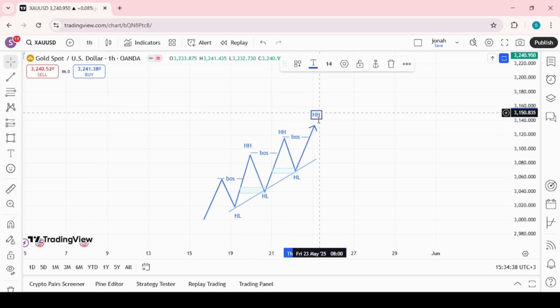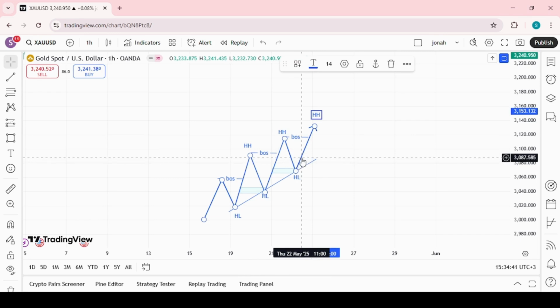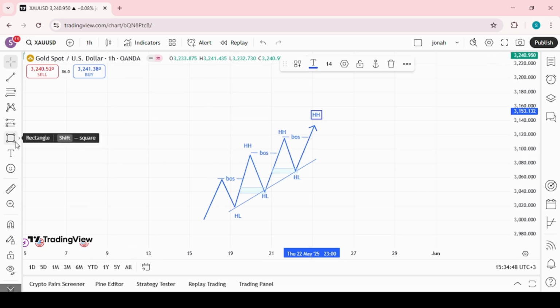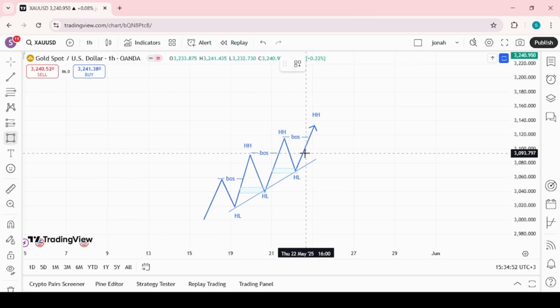Let me say this area here. So we shall make sure that we examine this area to find the order block that could be in that area. And when we find that order block, that is what we mark.